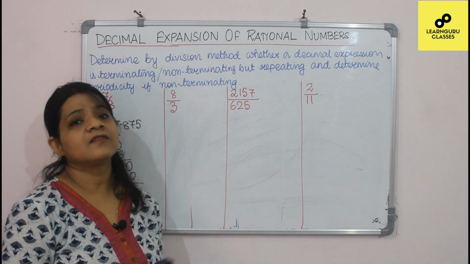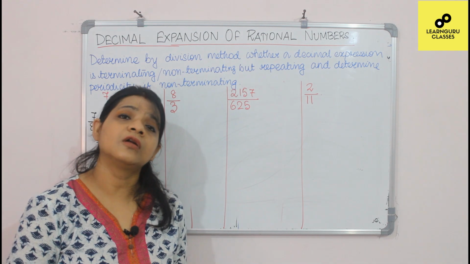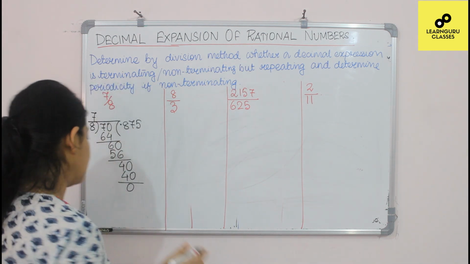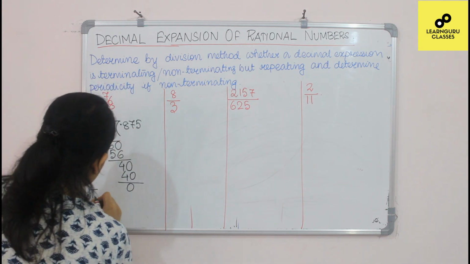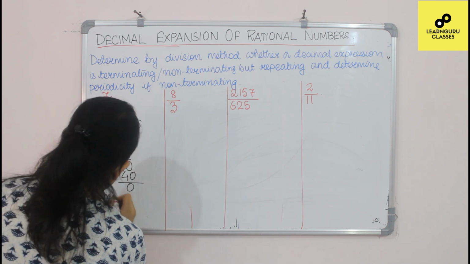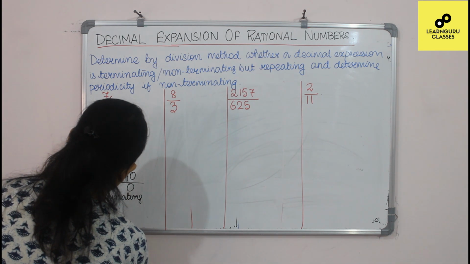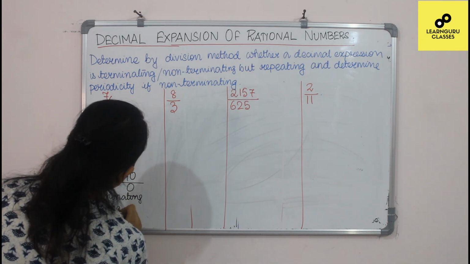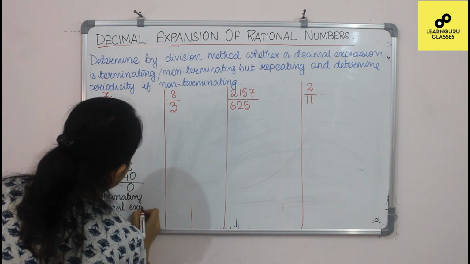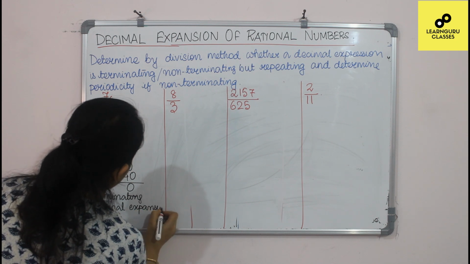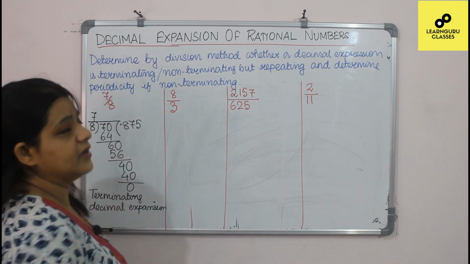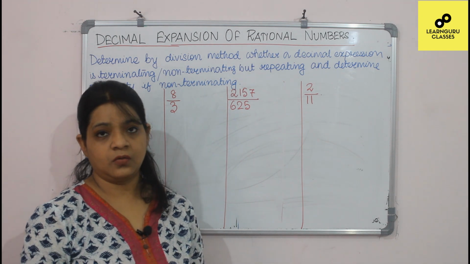So what is this decimal expansion, terminating or non-terminating but repeating? Yes, it is a terminating decimal expansion. And what is its periodicity? We find periodicity only for non-terminating decimal expansions.